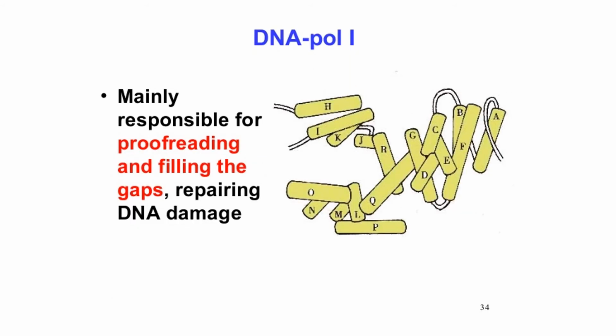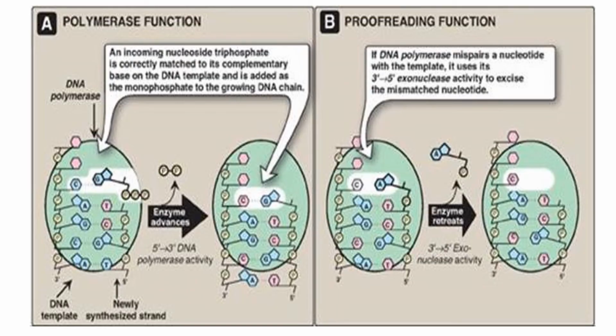DNA polymerase is mainly responsible for proofreading, filling the gaps, and also repairing the DNA. The main function of polymerase is to polymerize the nucleotide units into a polynucleotide chain. Here the green colored enzyme polymerase is shown.